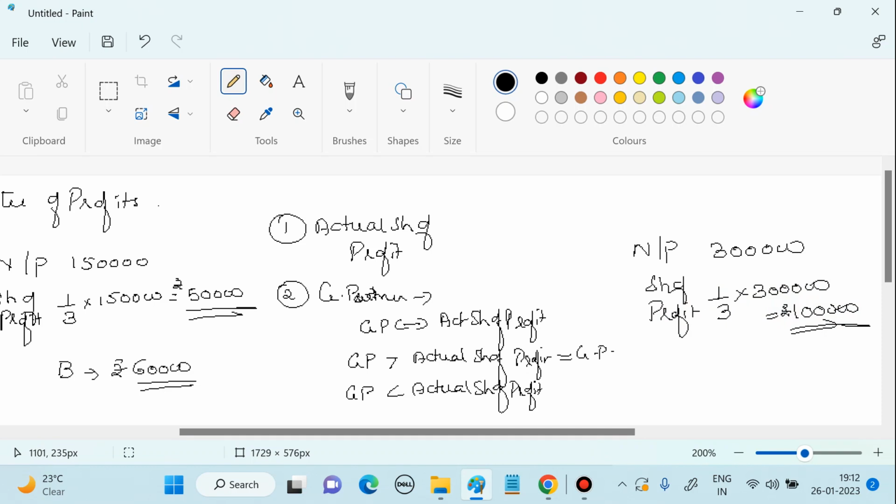And B was guaranteed 60. So this is a case where his guaranteed profit is 60, but actual share is 1 lakh. So when he's getting more, you can ignore the guaranteed profit. You can just give away the profit in the actual profit sharing ratio. Got that concept, everybody?